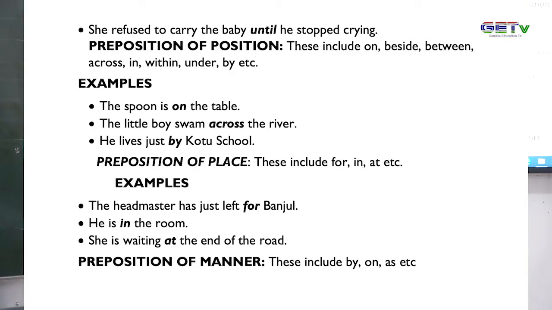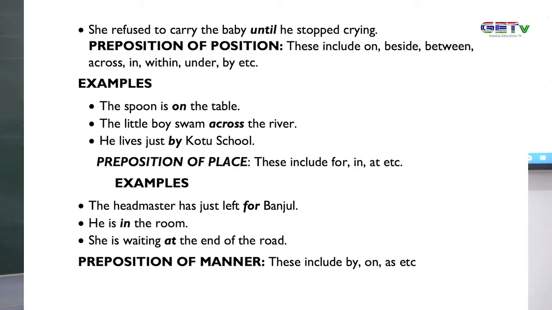From there, we move on to another function of preposition, which is preposition of position. These include on, beside, between, across, in, within, under, by, etc. So they indicate position. You take note. Let's look at them in structures here. Example 1. The spoon is on the table.